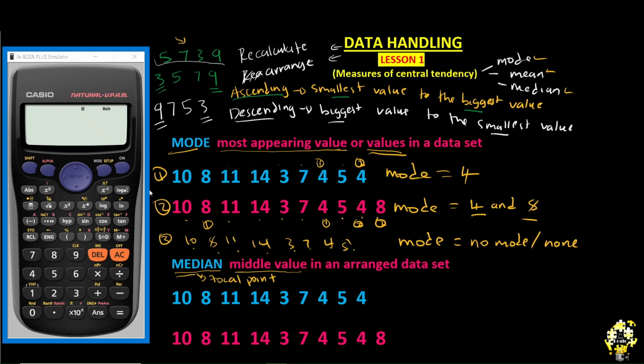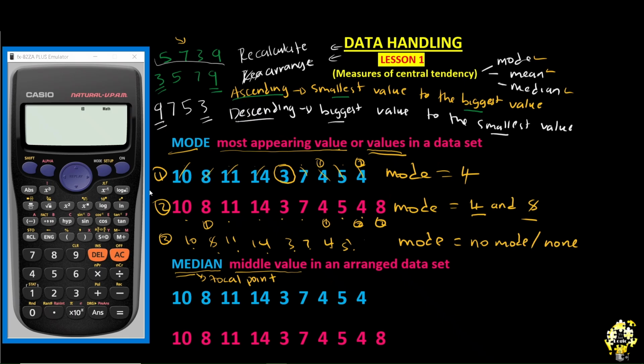And before we can get the middle value in an arranged set, you see now the definition says that it's a middle value. It's not just any middle value, because let's use this data set here. I want to make this example quickly. If I cancel from left and right, left and right, left and right, do you see that I have 3 here as a middle value? 3 is in the middle of the data that has been given.